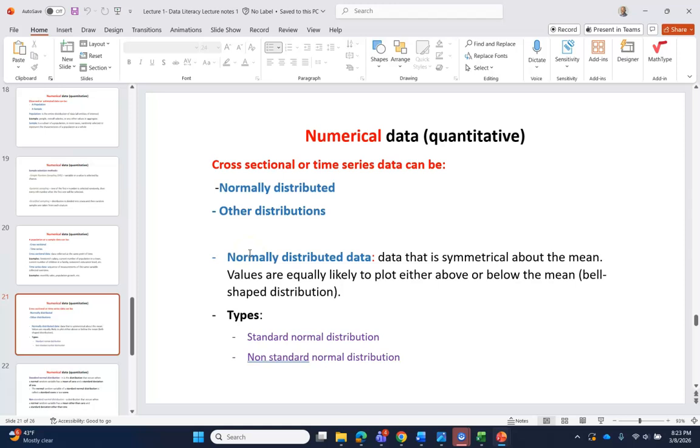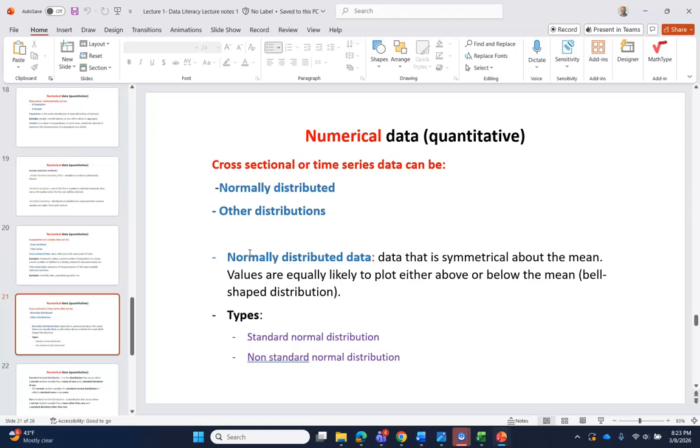When we talk of the normally distributed data, we are looking at data that is symmetrical. And we'll see how your data can look symmetrical. And so we're going to learn things like standard or normal distribution and standard normal distribution.